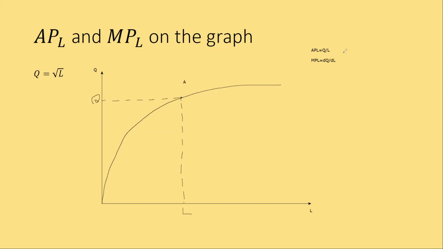And APL by definition is the ratio that is Q divided by L. On this graph, it is reflected to be the slope of this line segment, this red line. So the slope of this red line is exactly Q divided by L, which is our average product of labor.